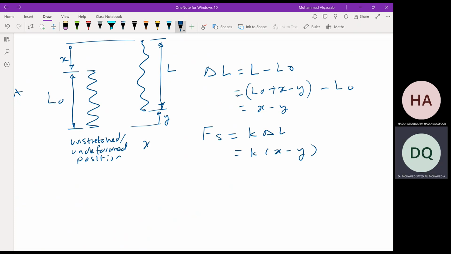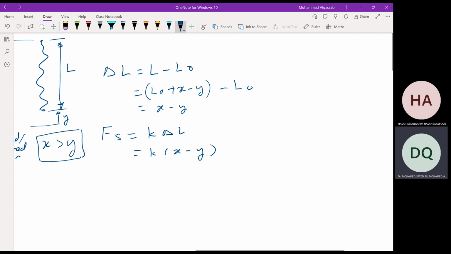Here we are assuming X is greater than Y. This assumption is going to be helpful to determine the direction of the force, because the spring can be either under tension or compression. So you stick with one assumption, and then the true values of X and Y will determine whether it is under tension or compression. And the same thing we can do with the damper.